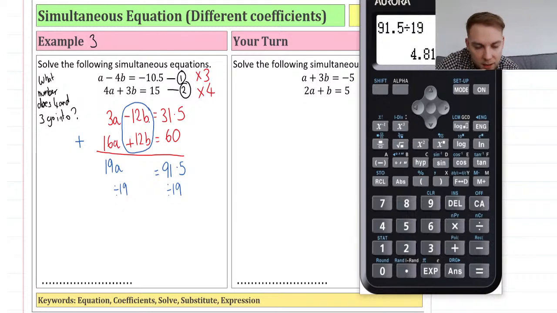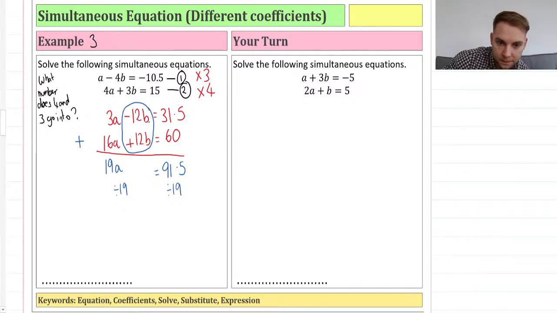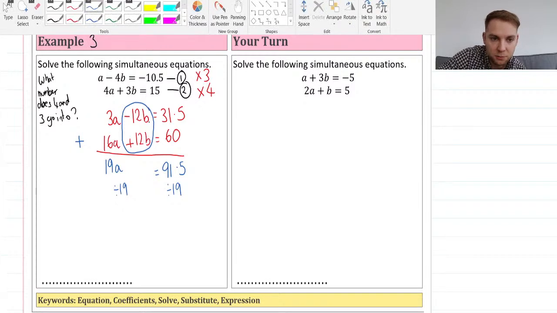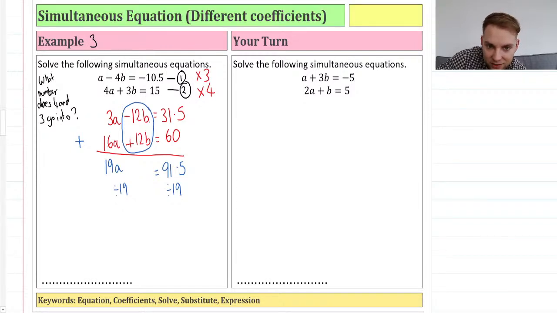Just want to check. Oh, I've made a little mistake, haven't I? Can everybody see where my little mistake is? I can see where it is. My little mistake is the fact that this was minus 10.5. So times that by 3, this needs to be minus 31.5.